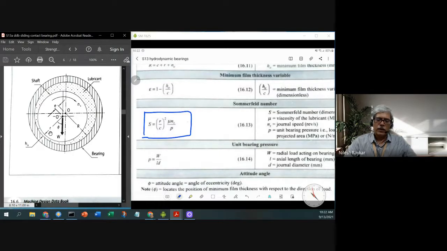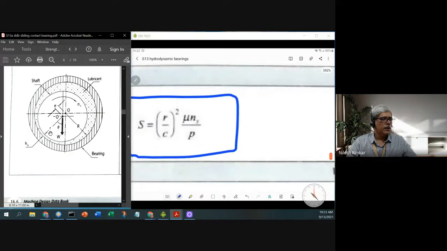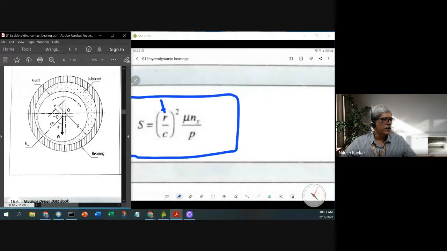Here R is the radius of the shaft. On the left hand side figure I'm pointing out what R is. C is the clearance, that is capital R minus small r is the value of C. So that is the radial clearance. Mu is the viscosity of the oil. As we have seen, the temperature of the oil increases, and in this particular solution we will also come to know how much the temperature rise of the oil is.